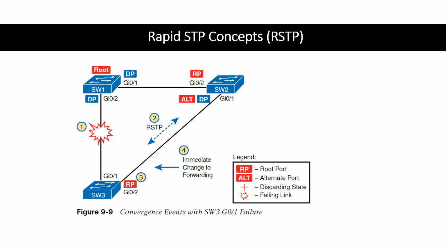And this whole process happens without having to rely on timers. As soon as the convergence completes, forwarding instantly happens. So we're not waiting 50 seconds like we had to in regular spanning tree. Rapid spanning tree instantly transitions over.